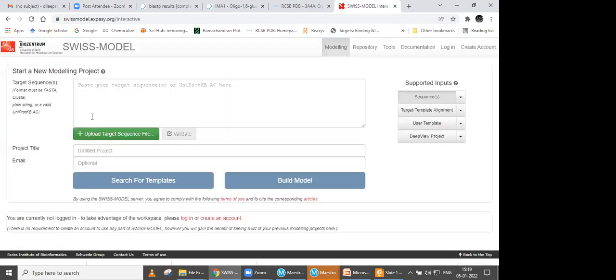And you'll get a window like this. There are options like target sequence, project title, email, search for templates and build model. Here, the target sequence is our query protein amino acid sequence, that is alpha glucosidase, which we took as a query, and we'll paste that sequence here.